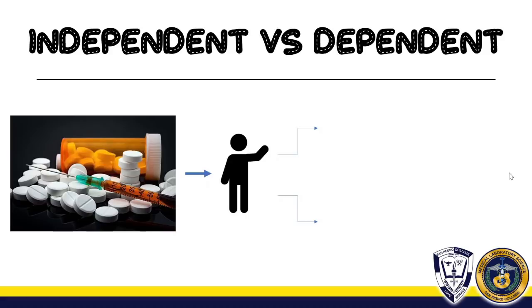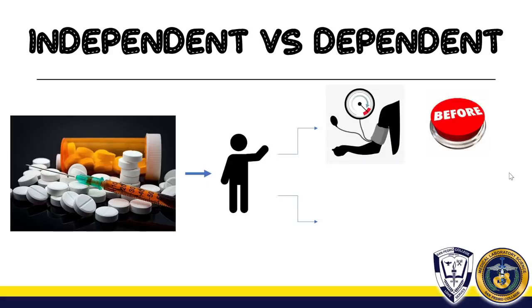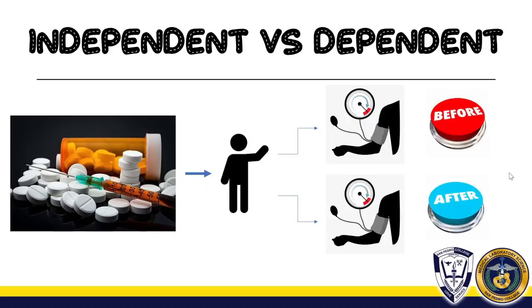Before administering the new drug, we will first get his blood pressure. After a certain period of time, we give him the drug. And then after a certain period of time, we will again get the blood pressure of that same individual. Now, from this example, will you consider this as an independent or a dependent sample?